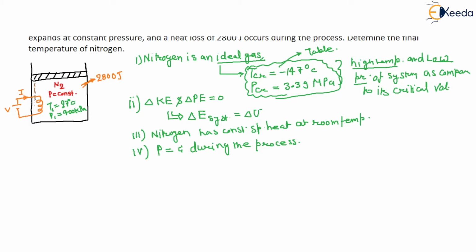Now we take nitrogen as the system. This is a closed system, because there is no mass transfer. When the boundary expands, the piston will move upward.